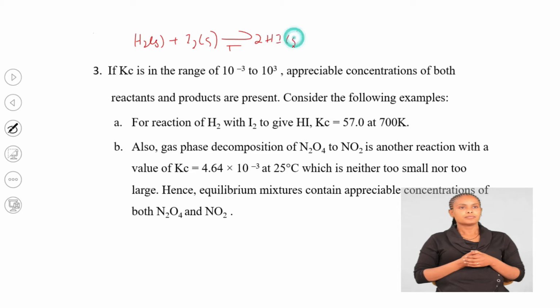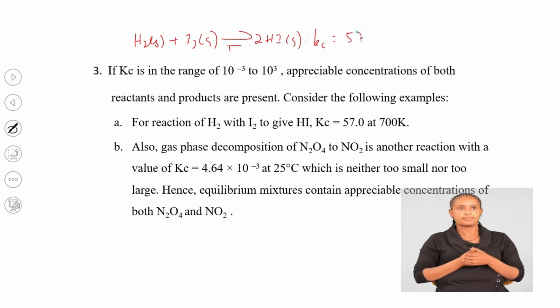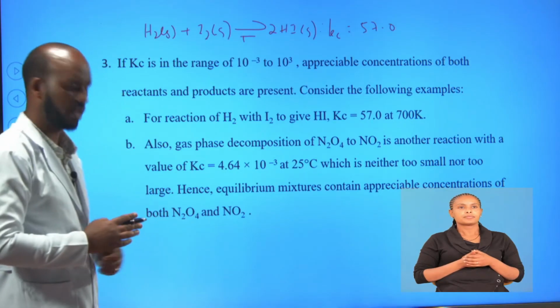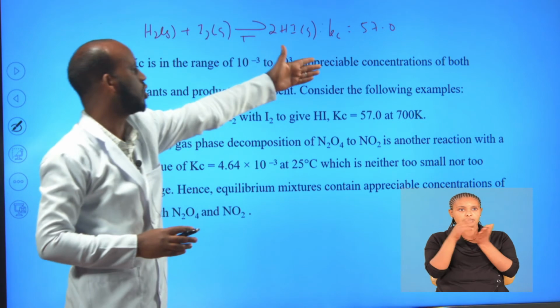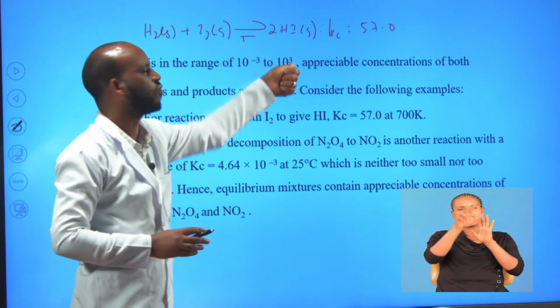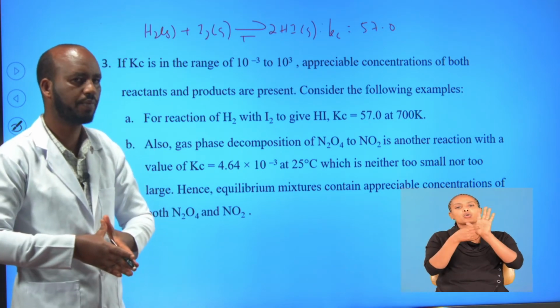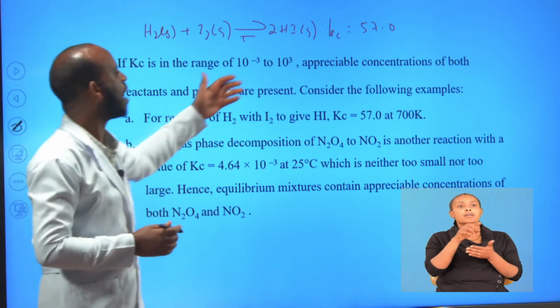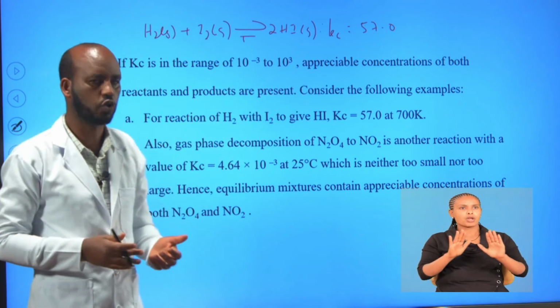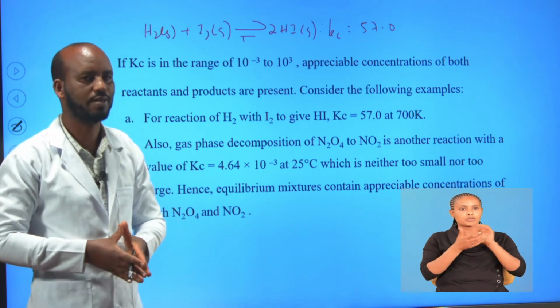Now this is an equilibrium reaction. The value of Kc is 57. This value is found between 10^-3 and 10^3. This shows that there is appreciable concentration of both reactants and products, which is hydrogen iodide.